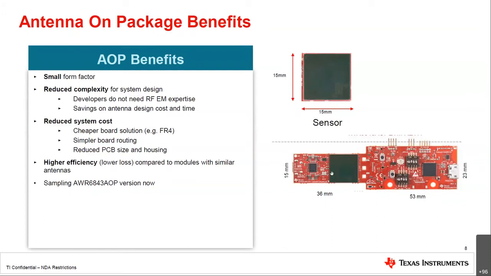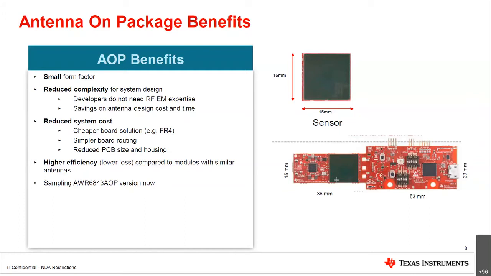Again, with the typical PCB type of antenna, you have to use a specific type of PCB material, which is generally higher cost and requires some specialization in the manufacturer to be able to produce those. So by using an AOP device, you can use a standard FR4 board as well as have a wider range of options in the supplier that you use.